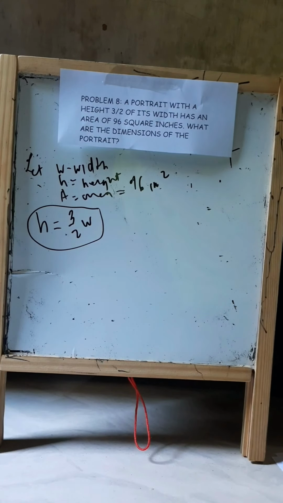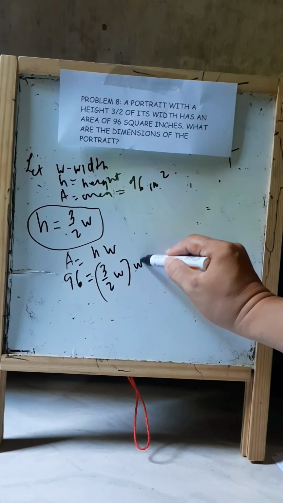The formula for area is length times width, or height times width, whatever. Height is what we used here, but we could have used length too. So area is equal to height times width. What is the area? 96. Height is 3 halves W times W.